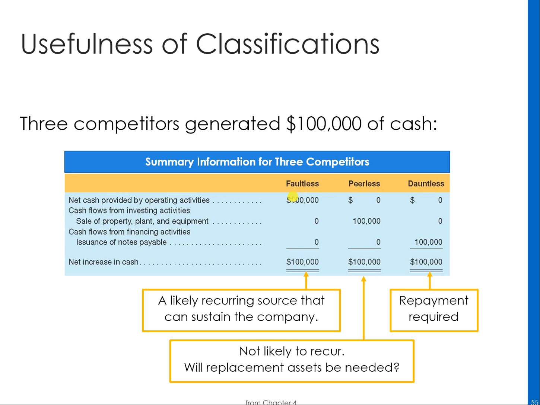But if you see a huge difference between net income and operating cash flow, but you have a large amount of cash from other activities, especially from financing activities, then we have to question, will those earnings, or will that net income, be persistent into future periods? Probably not, right?